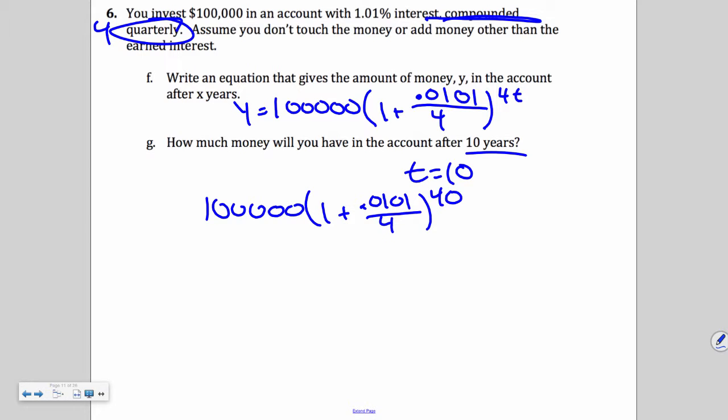So I just multiply the 4 times the 10. The trick with this one is you take the decimal, divide by 4 first, and then add 1.